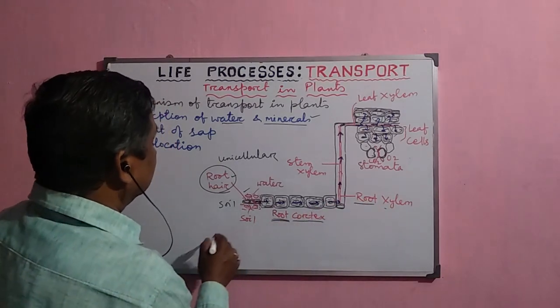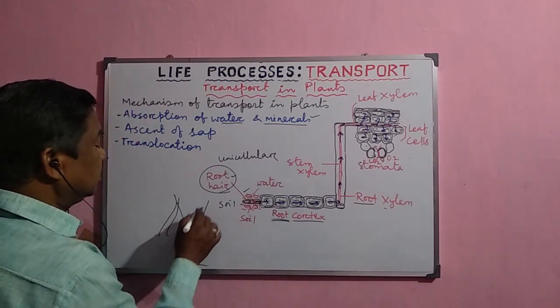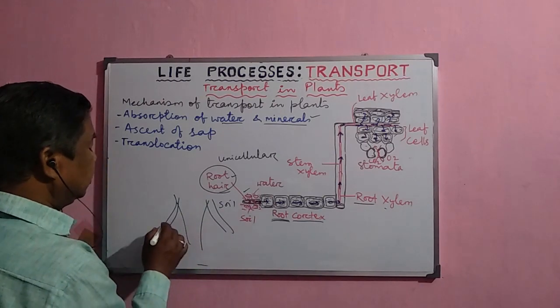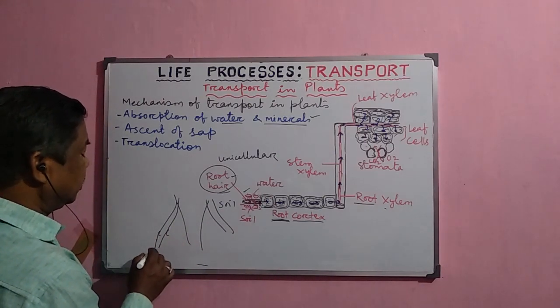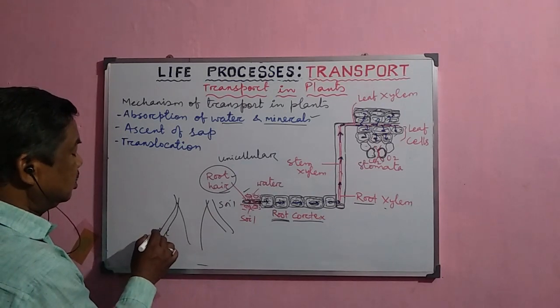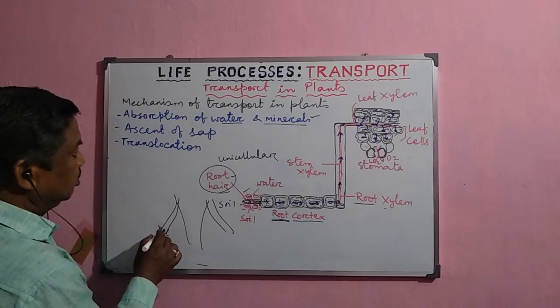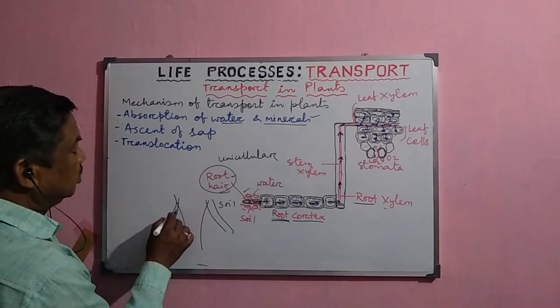Because in the case of a root, suppose this is the root and these are the different branches of the root, and suppose this is the final thin branch, and each cell has the root hair, and from the root hair it finally enters into the xylem. Xylem is present here in the center.